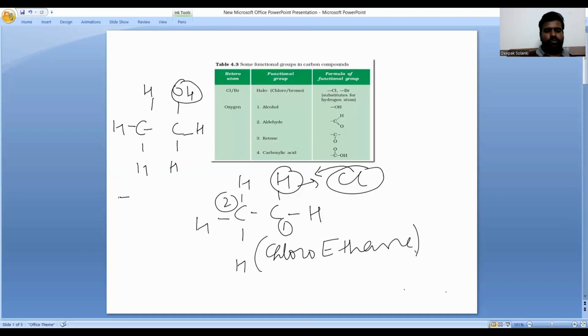But in the case of OH, we will write it as ethane, and we will exclude the E of ethane and write the suffix OL. The name will be ethanol. I hope you understand. Suffix OL is used here.